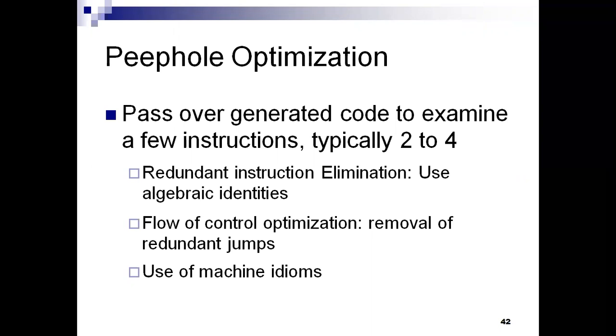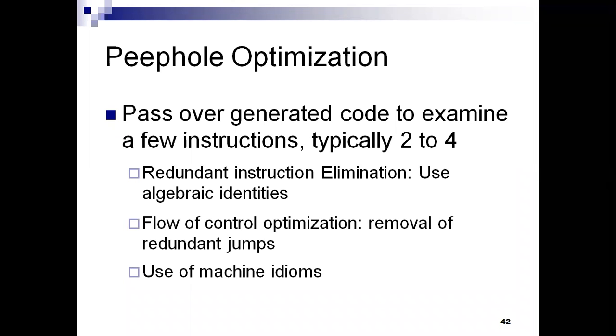Knowing the definition, here are some characteristics of peephole optimization, which are applied on the target code. The first is redundant instruction elimination, the second is flow of control optimization or removal of redundant jumps, and the third is use of machine idioms.